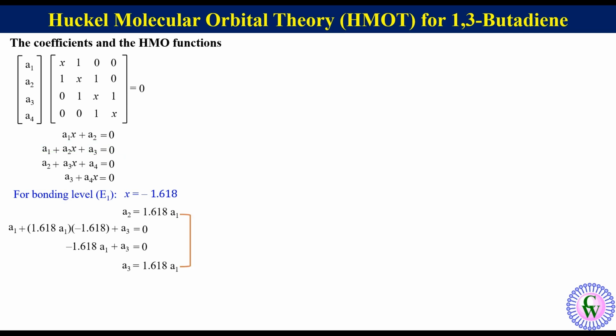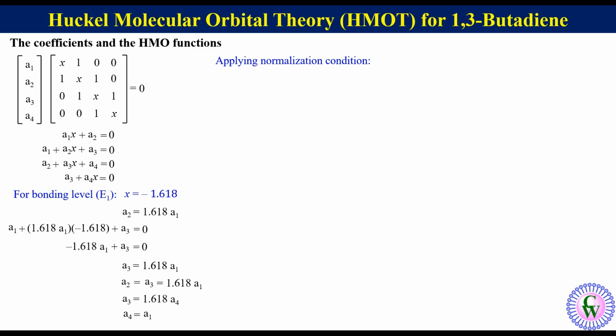From these two equations, A2 is equal to A3 is equal to 1.618 A1. Putting x is equal to minus 1.618 in fourth secular equation gives A3 is equal to 1.618 A4. From these two equations, A4 is equal to A1.